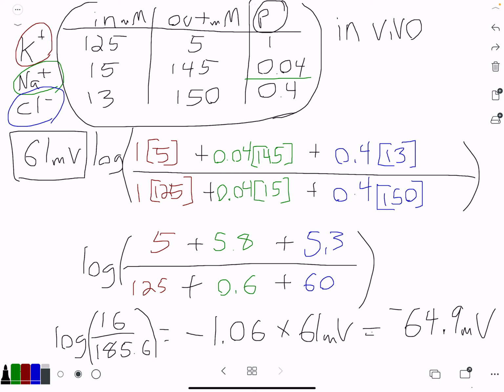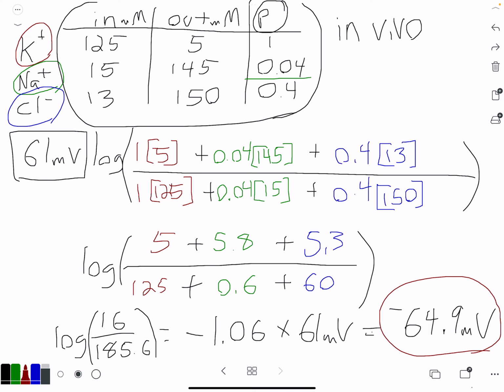And so potassium and chloride are doing the same thing. While potassium is taking plus out of the cell, chloride is moving negative into the cell. So it's no surprise that through the actions of potassium and chloride, it gives us a negative membrane potential, because both of these ions are moving in that direction.